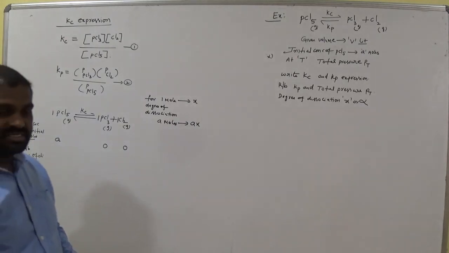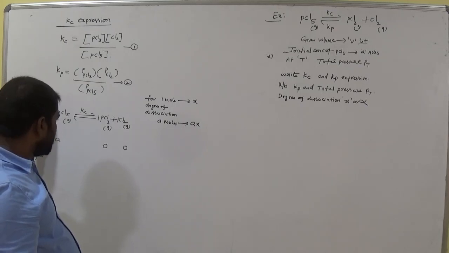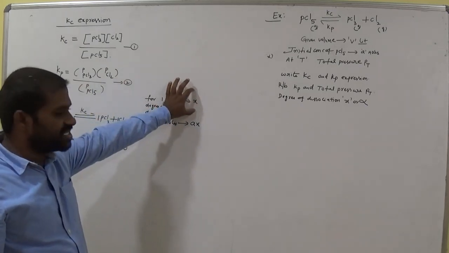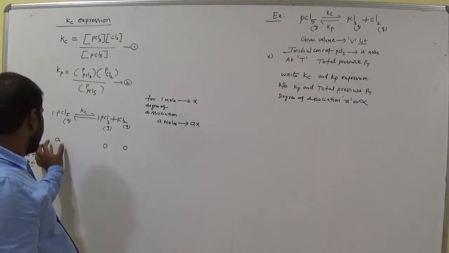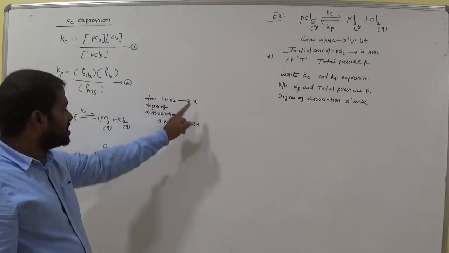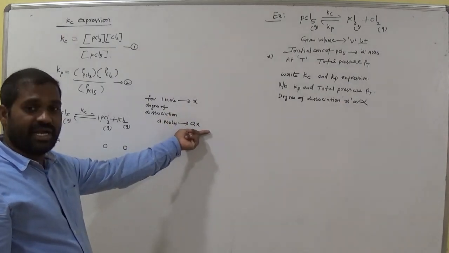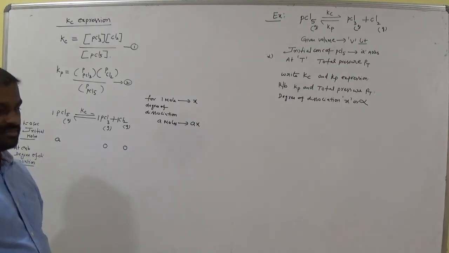Remember this. So very important. In this expression, suppose for 1 mole the degree of dissociation is taken as X. But how many moles here we have? A moles. For 1 mole X, for A moles, how many moles dissociate? AX moles. Is it clear?